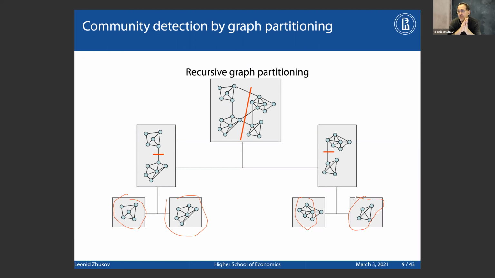In general, graph partitioning splits the graph into two pieces. That's not necessarily communities. But if you do it recursively, eventually you can end up splitting the graph into communities. By doing this, you will assign all the nodes to different communities. And last time we talked about metrics that allow us to do it.